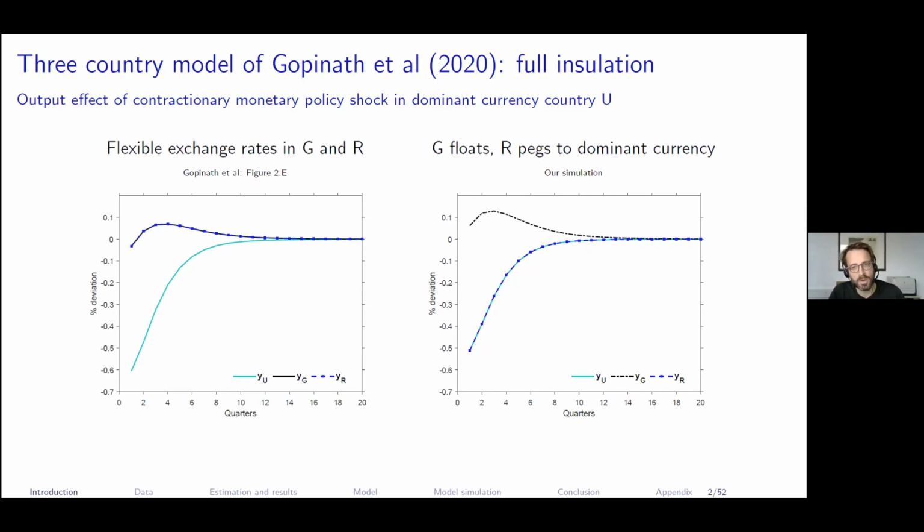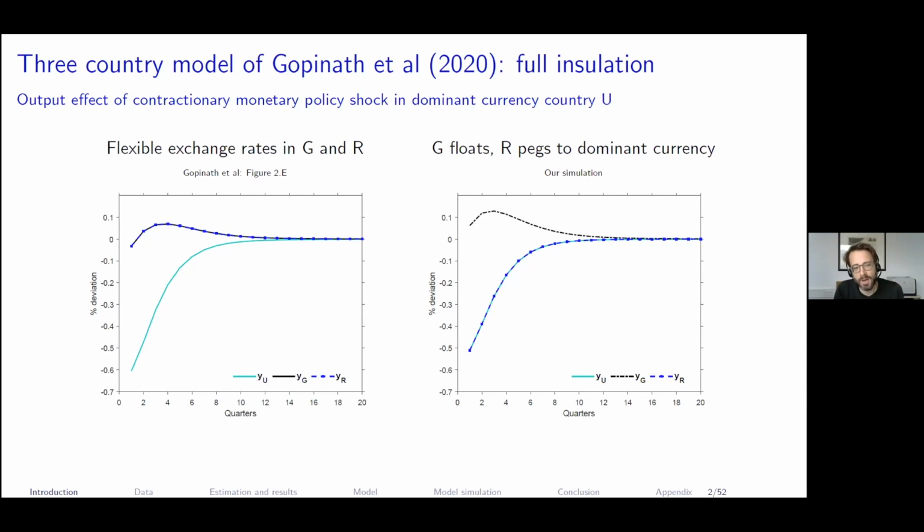It's a three-country model, and here you see the responses to a monetary policy shock in the dominant currency country, say the US, indicated with the letter U. In the left panel, you see the response of US output with the turquoise line: it drops in response to a contractionary monetary policy shock in the US.